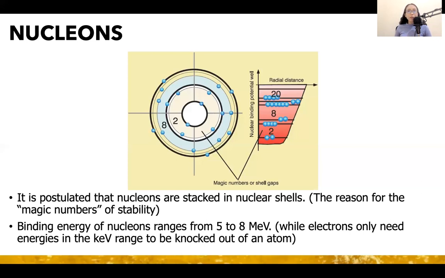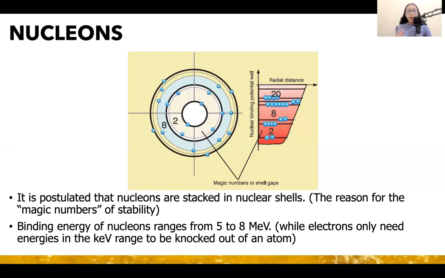So whenever you find these magic numbers as the number of protons or the number of neutrons, it means that that atom, specifically the nucleus of that atom, is relatively stable. It will not undergo any nuclear process further because it's already stable.